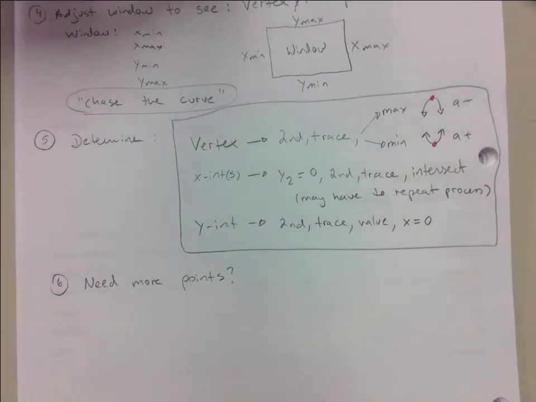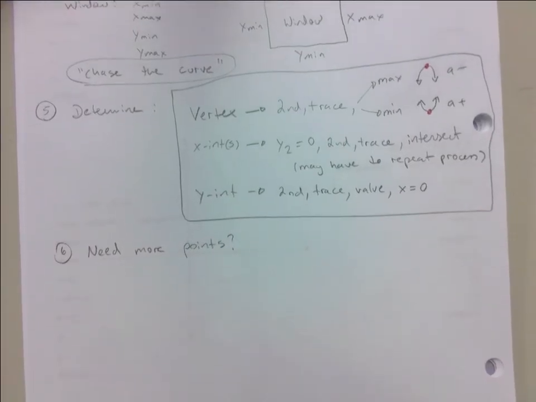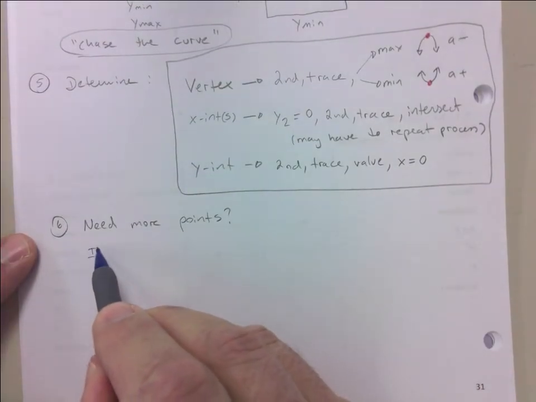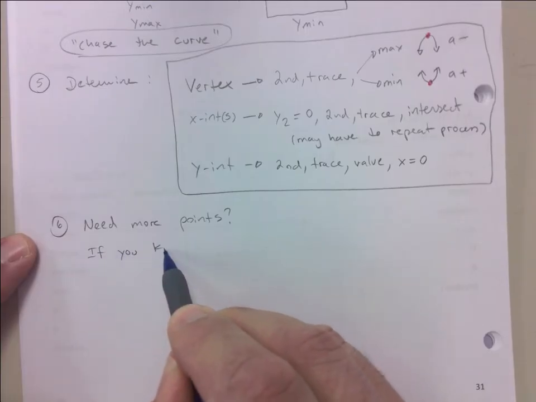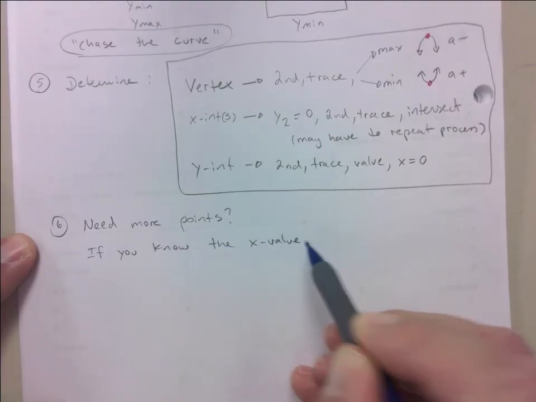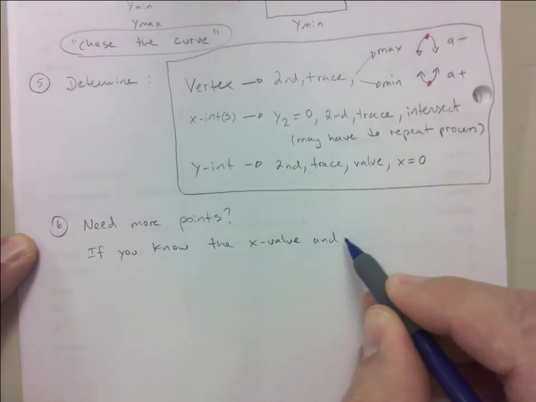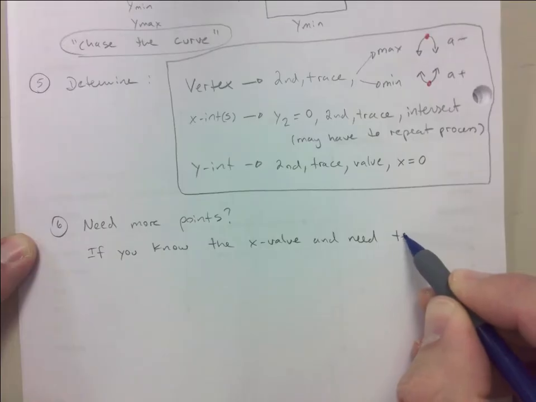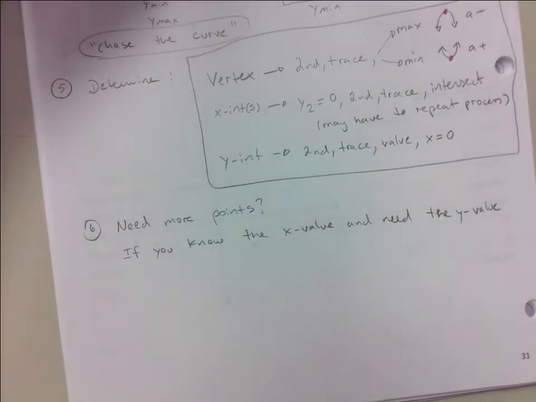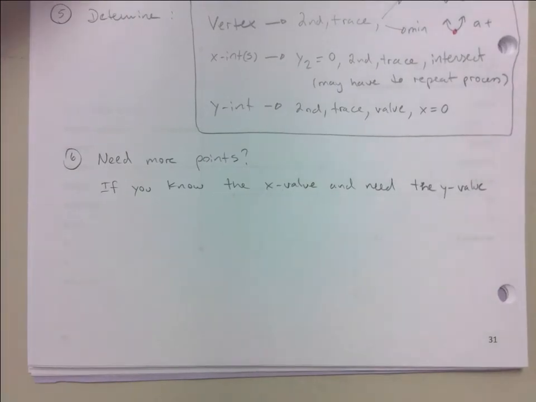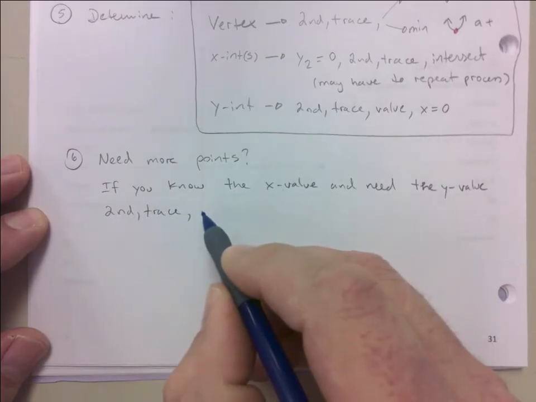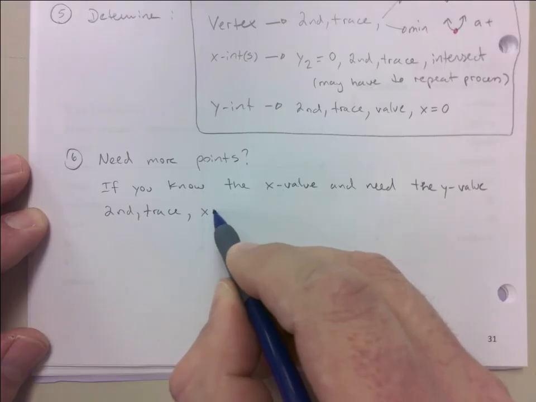If you ever are interested in finding additional points on that graph, if you know the x value and need the y value that goes with it, we use second, trace, x is equal to.